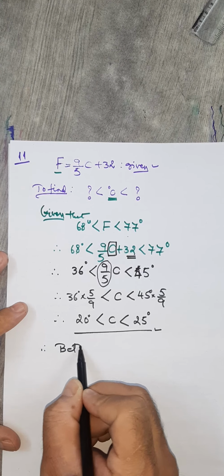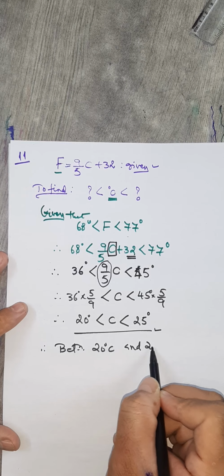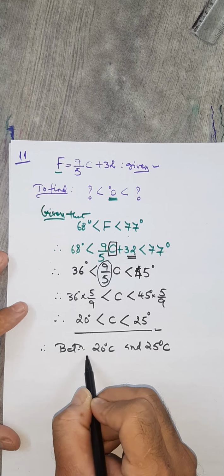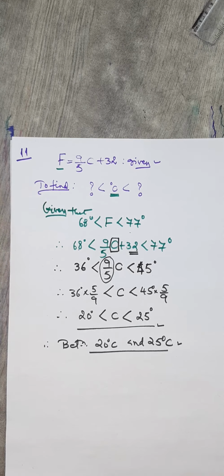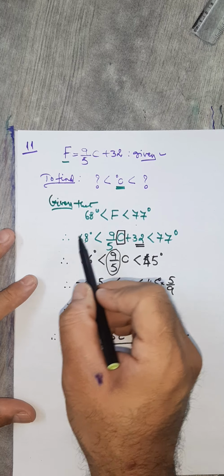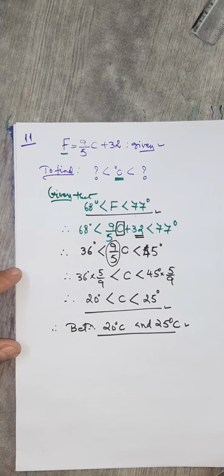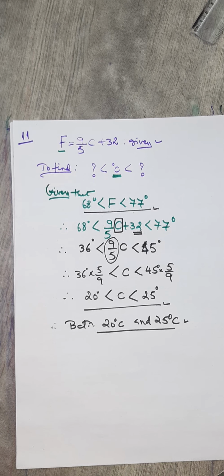Between these two, between 20 degrees Celsius and 25 degrees Celsius. This is the answer to the question. It is indirectly the solution of this inequality, where we have just placed F. Okay, fine.